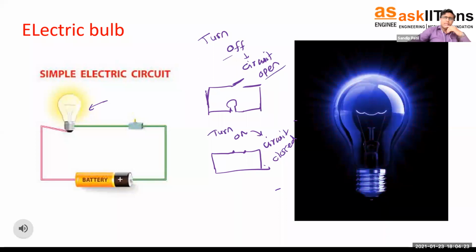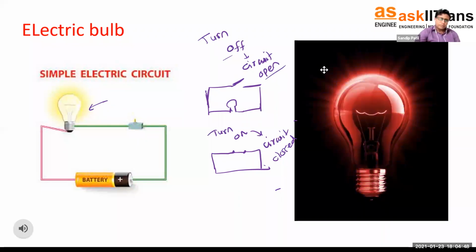They used to give you yellow light instead of white light. There could be different colors also, blue, red, like that. But one bulb generally produces only one color. So either it will produce blue or green or red. Normal bulbs used to produce yellow light, right?